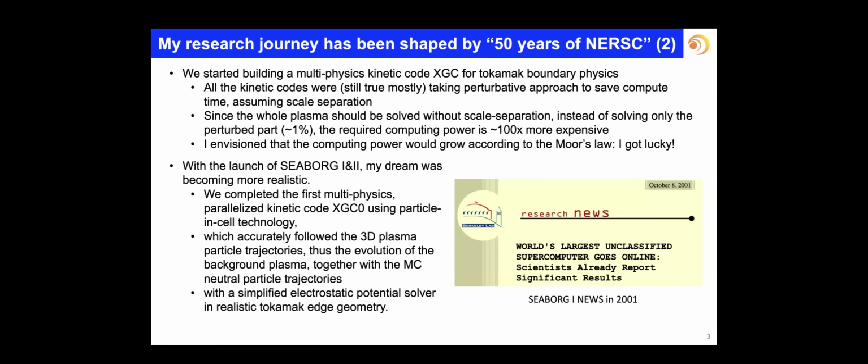And we had to use a simplified electrostatic potential solver in realistic Tokamak geometry because the computer on Seaborg was not that powerful yet. So we had to assume the electrostatic potential is constant along the field line due to high electrical conductivity.